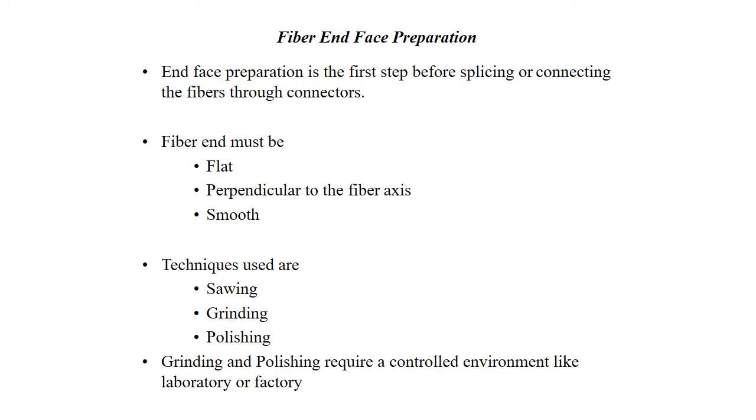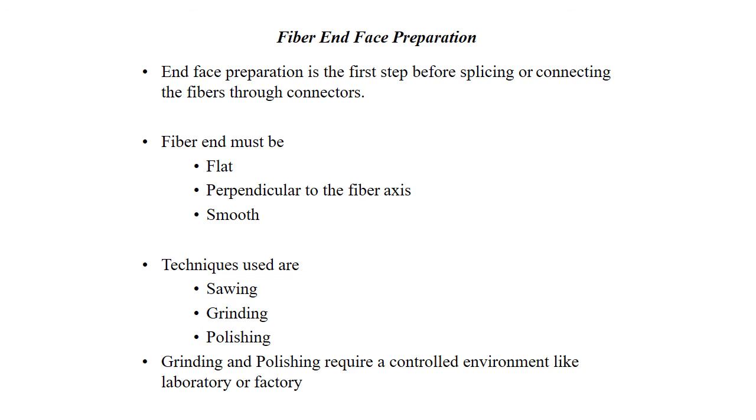Now fiber end face preparation. The fiber end faces have to be prepared before they are either connected or spliced. To avoid light deflection and scattering at the joint, the fiber ends must be flat, perpendicular to the fiber axis and smooth. The end preparation techniques used extensively include sawing, grinding and polishing.